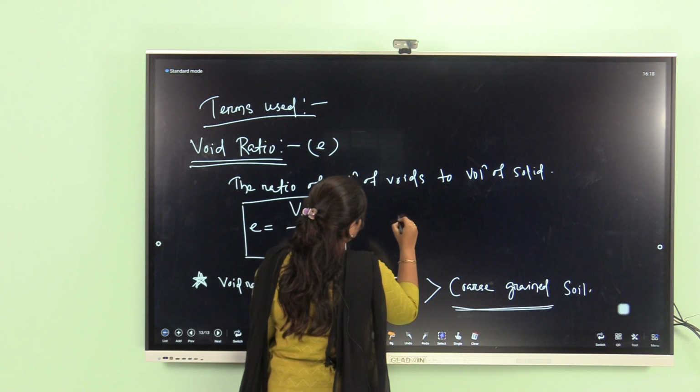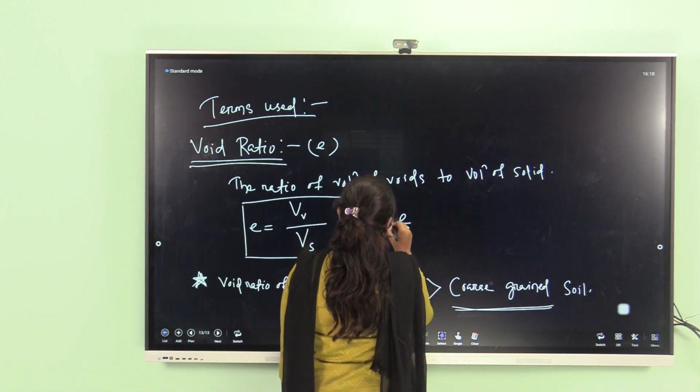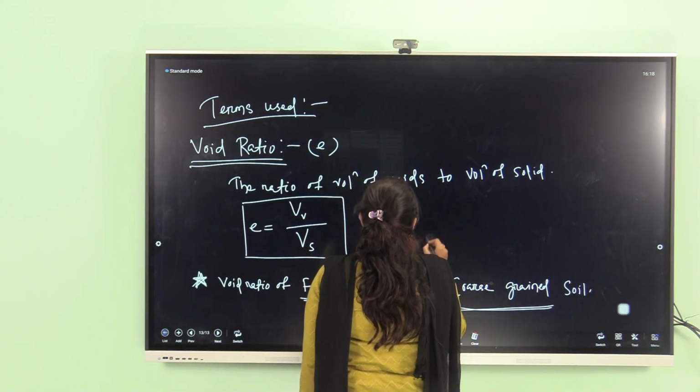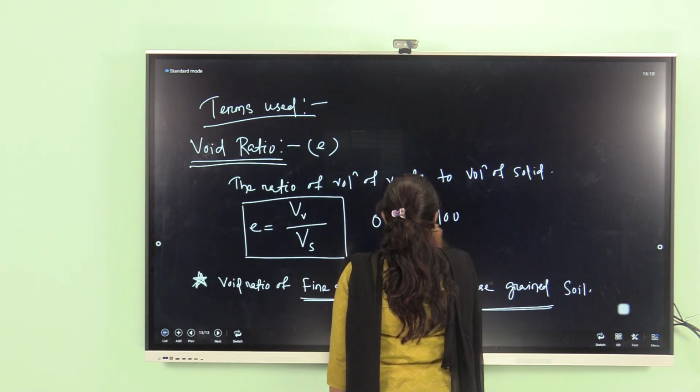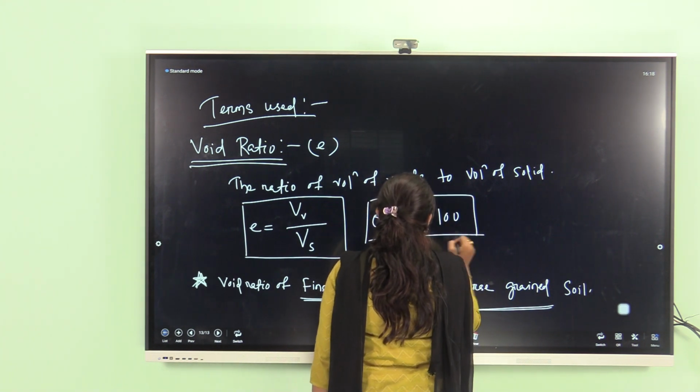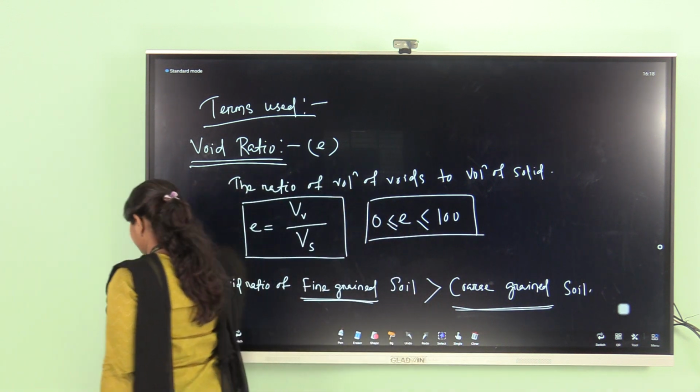And e value you have to remember should lie between 0 to 100.